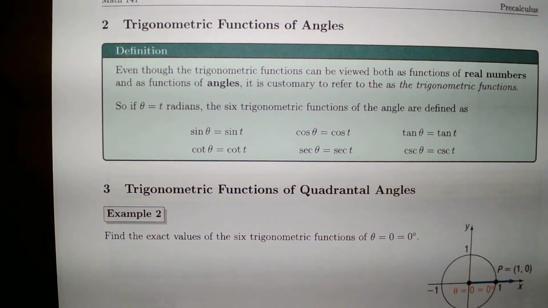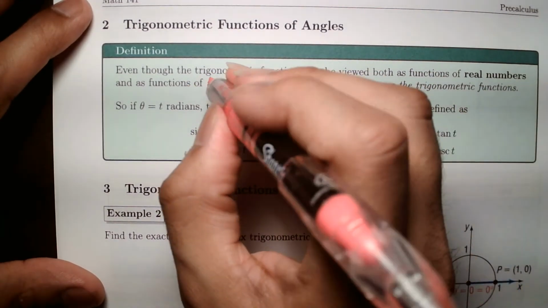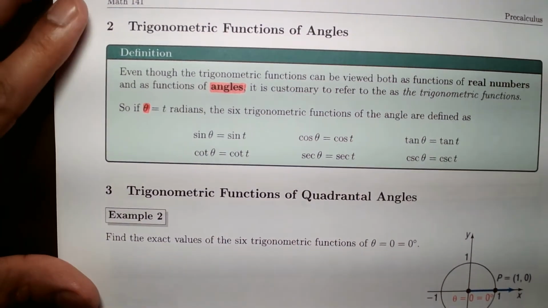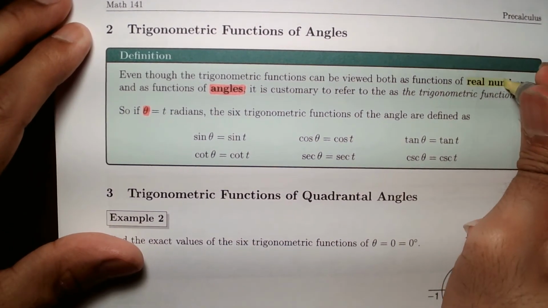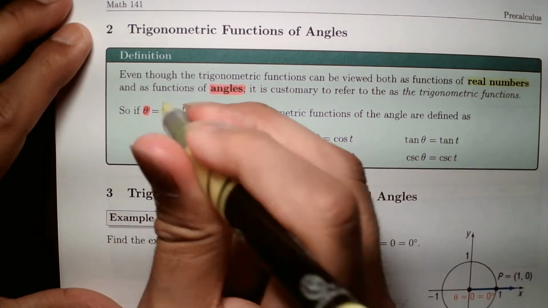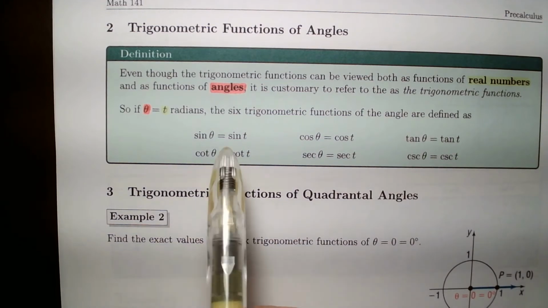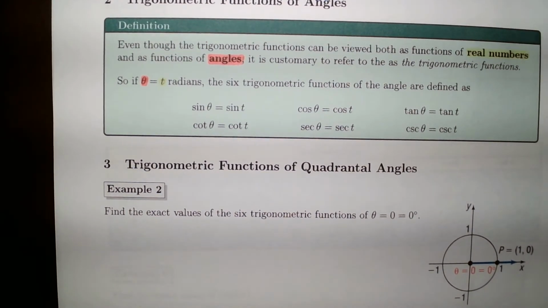The symbol that we use most of the time for angles is the symbol theta, as opposed to any other real number, where we use the symbol t. But ultimately they are all real numbers. Just to denote them as angles, we use the most typical symbol.